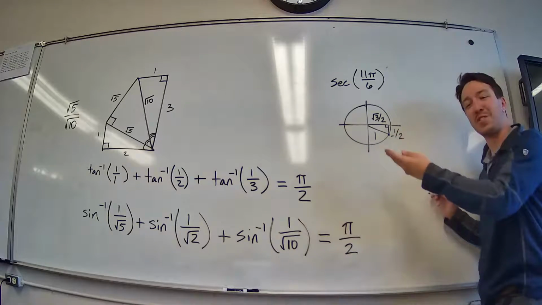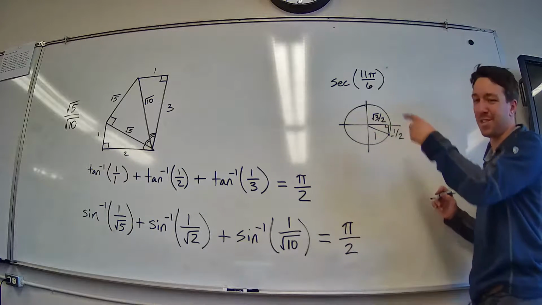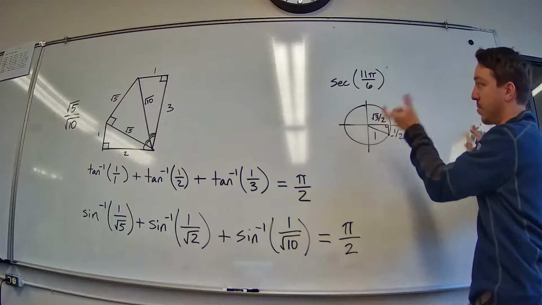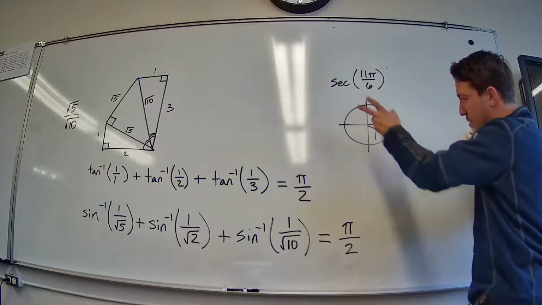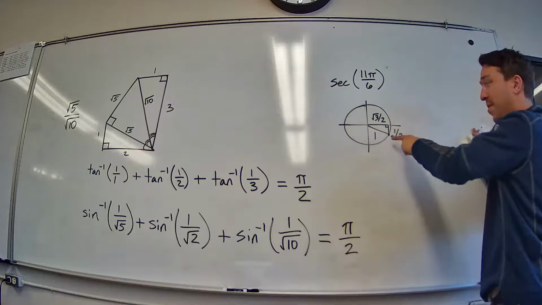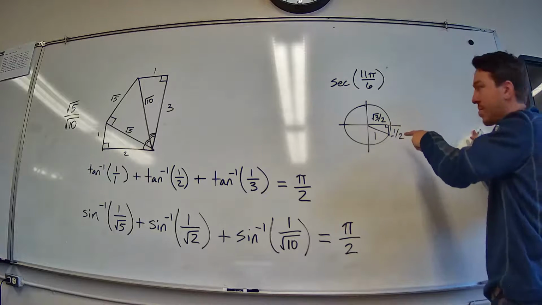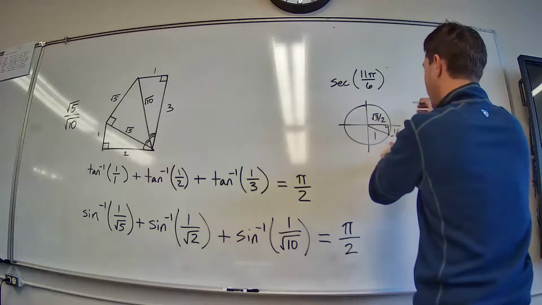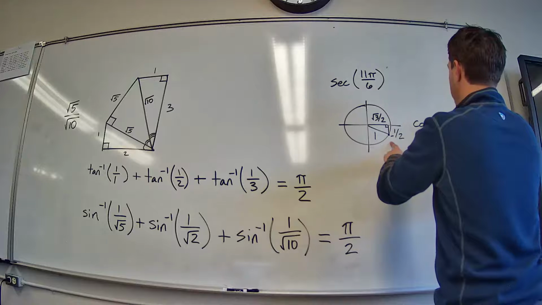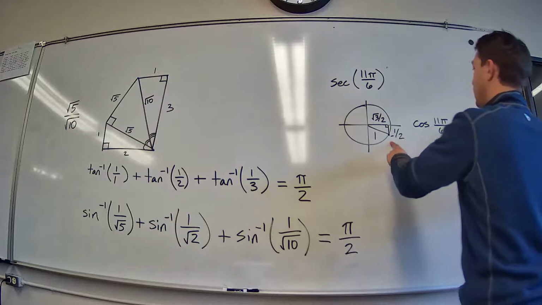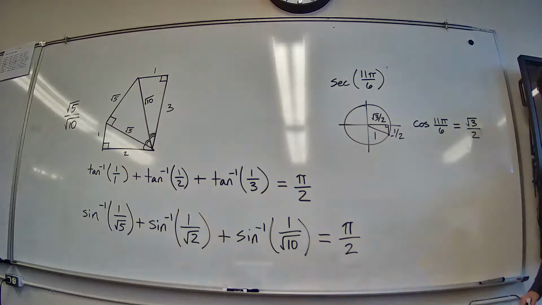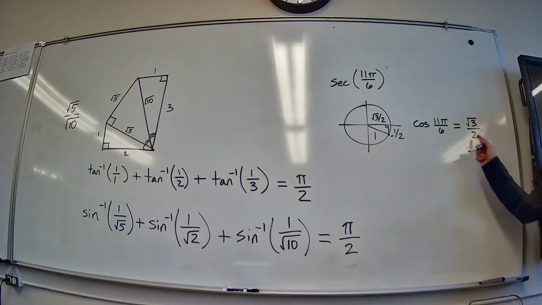What I was saying is, once you're really proficient, you might just do all this in your head or just a quick little jot down. But it's good, it'll help you remember things and memorize the spatial relationships if you just draw the whole triangle. But anyways, everyone okay with why that's where it lives? Okay, so according to this, the cosine of 11 pi over 6 is positive root 3 over 2, right? The x value.